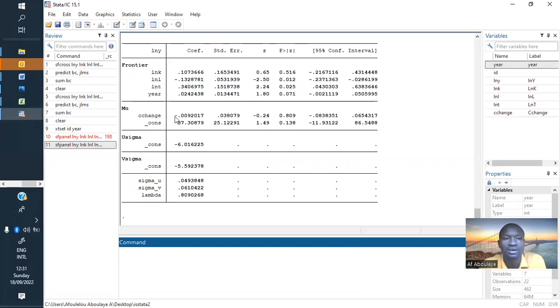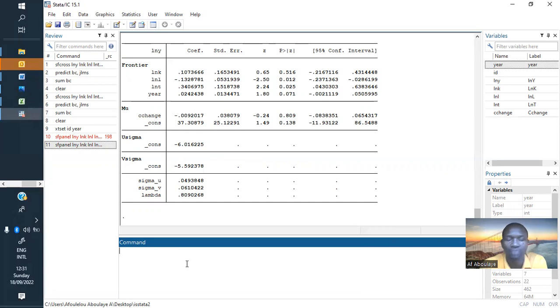That would mean that climate change has a positive effect on the technical efficiency of the company along the time, from 1997 up to 2018, because what is estimated here is technical inefficiency. So if this one is negative, we are saying that it has a positive effect on technical efficiency.